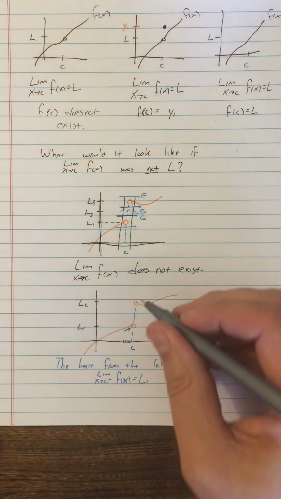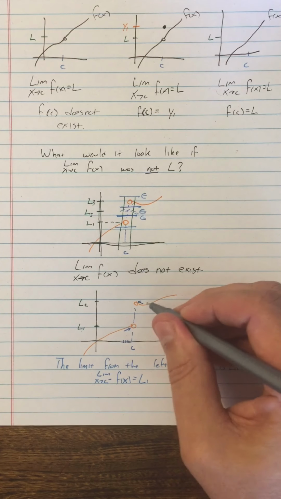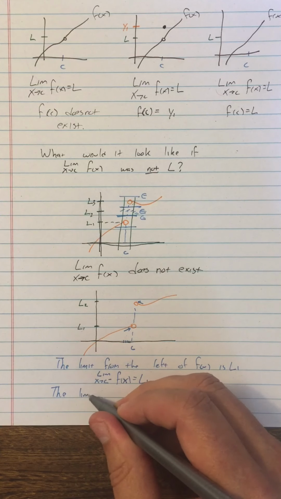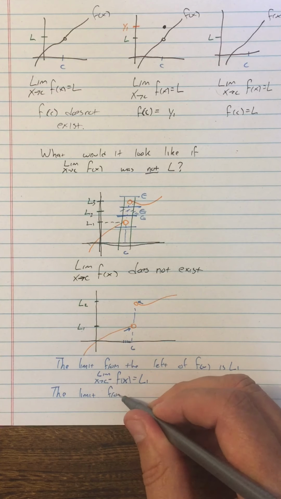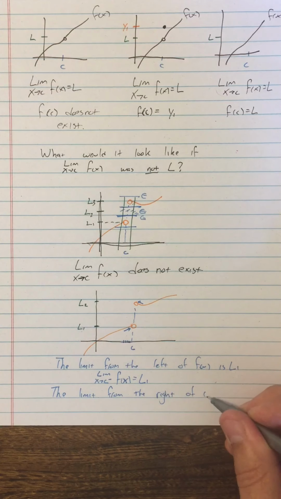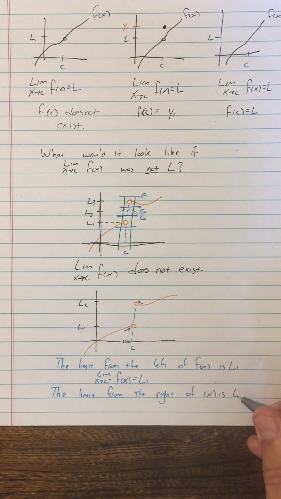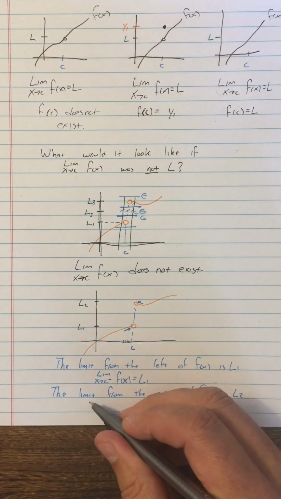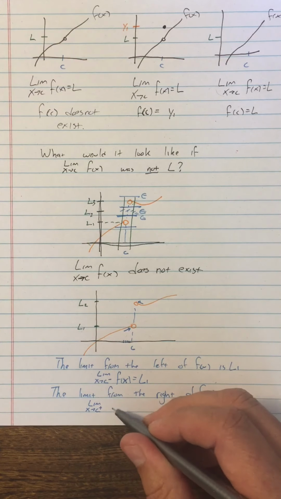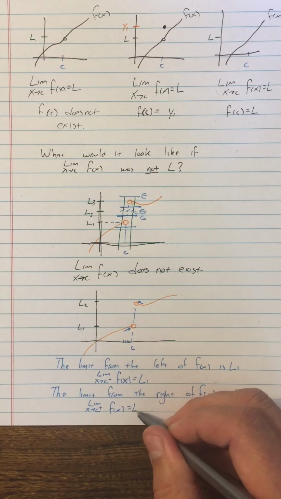Now, as we're coming in from the right, the values approach this value up here. So we're going to say the limit from the right of f of x is L2. And we write the limit as x approaches c, with a little plus sign, of f of x equals L2.